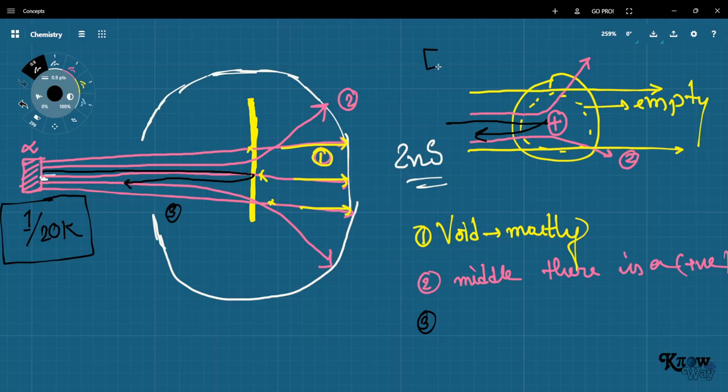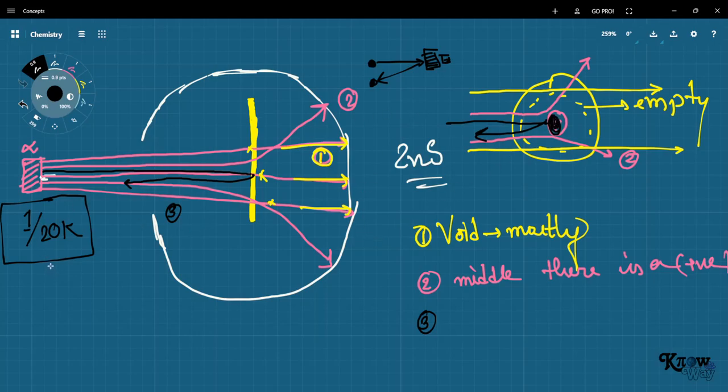It's like throwing a ball at a wall: it will not deviate, it will come back. As the number of times that happens is very low, that means the area of the wall, the area of the positive charge, is very low.